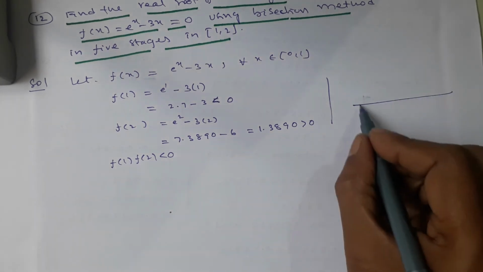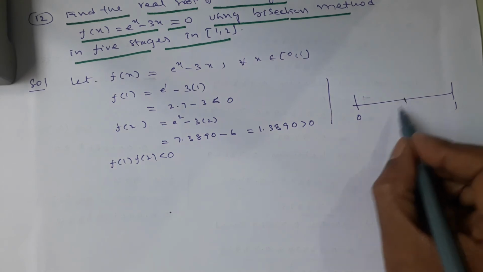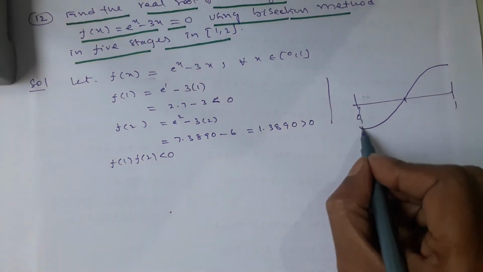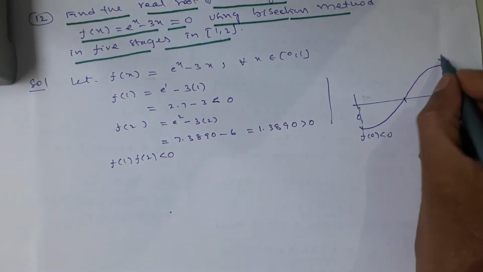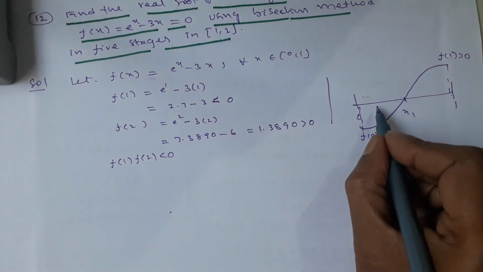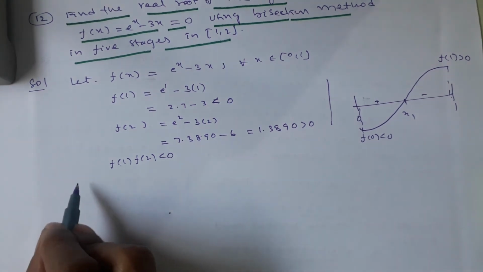Even in the graph, between 0 and 1, f of 0 is less than 0 and f of 1 is greater than 0. This is x1, and this side is the positive values and this side is the negative values.